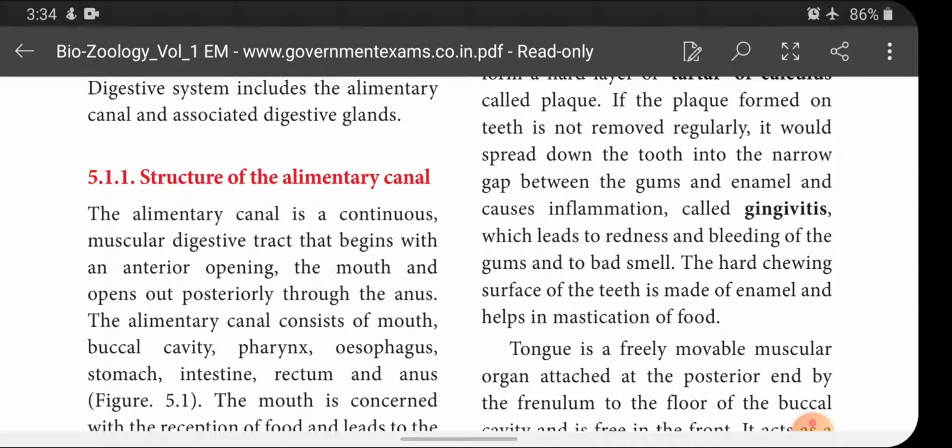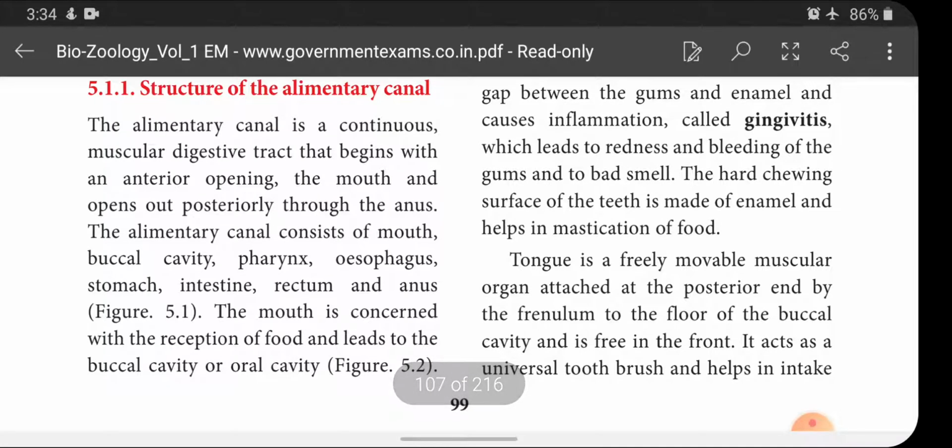It consists of parts such as mouth, buccal cavity, pharynx, esophagus, stomach, intestine, rectum and anus.